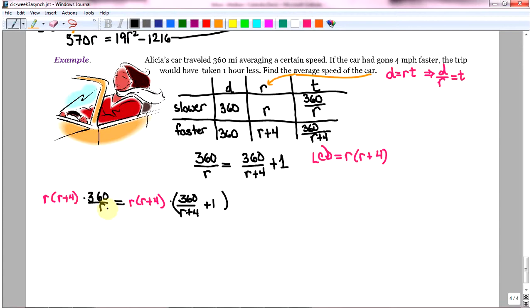Okay, so on the left side, the r will cancel, and we're left with 360 times the quantity r plus 4. On the right side, you need to make sure that you distribute to both terms.